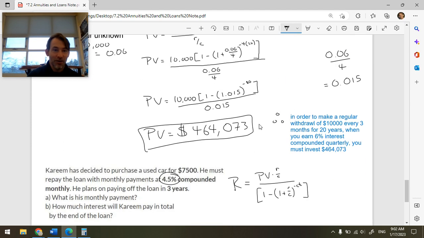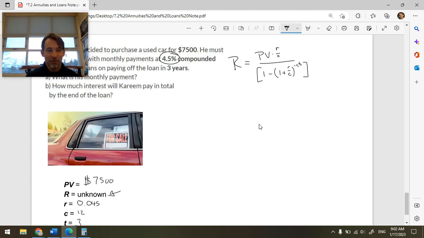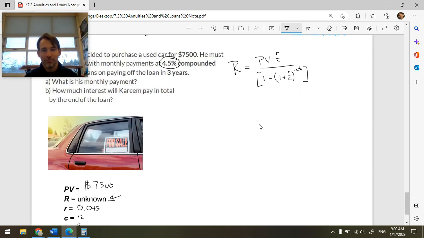So now we plug in our knowns and get our unknown, which is the regular payment. So the regular payment will be equal to $7,500 multiplied by 0.045 divided by 12. Let's put that in brackets so we remember that's a multiplication.